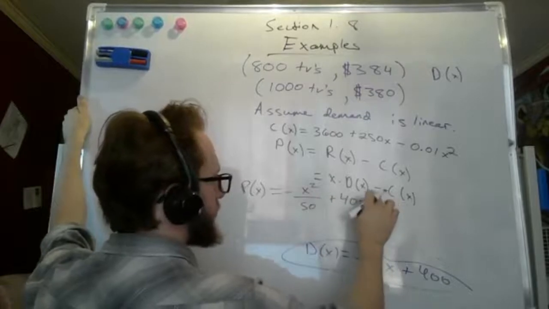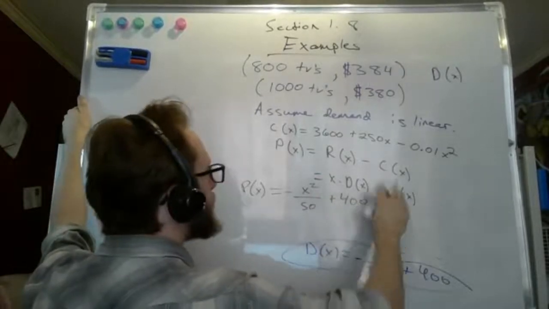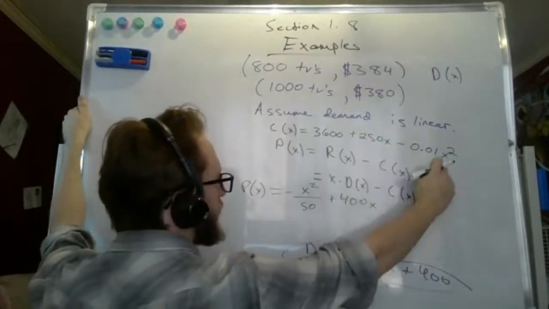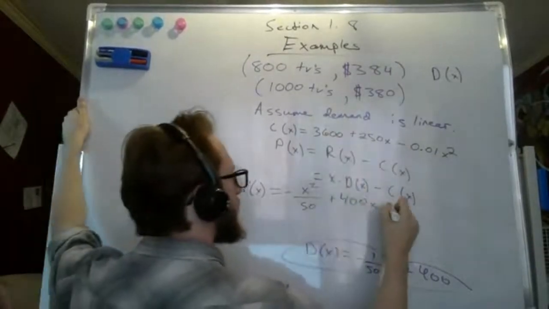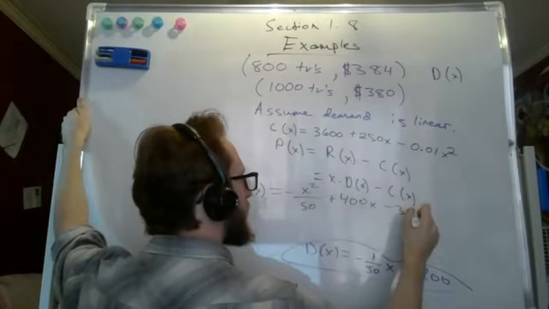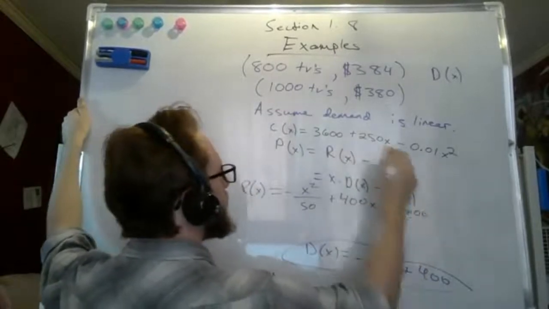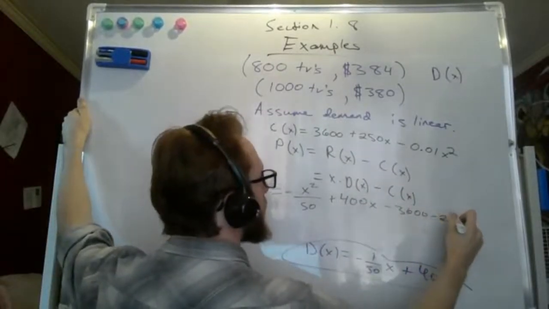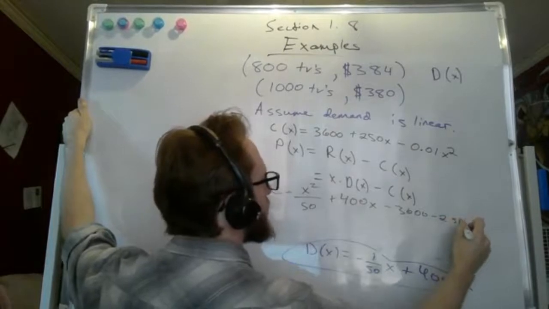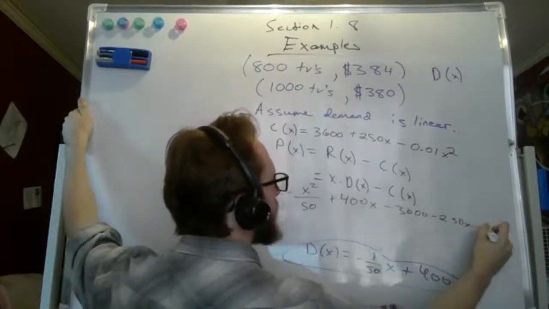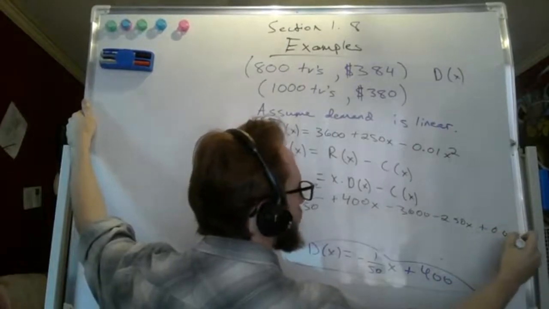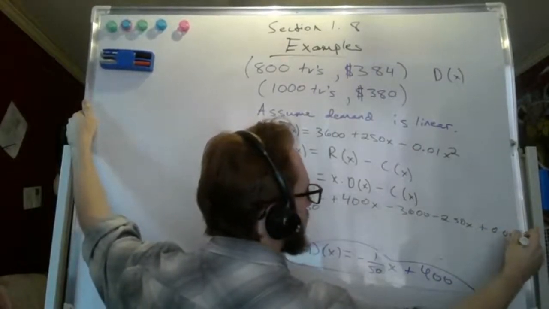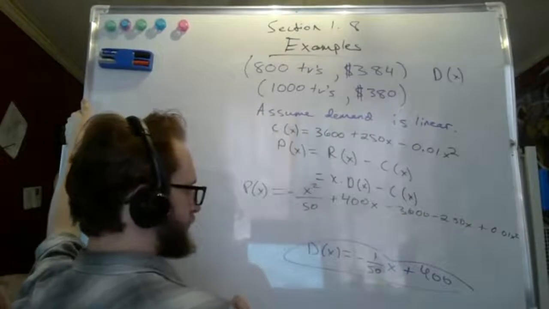Minus the cost. Now remember we have this negative here. Be sure to distribute it when you write out your cost function. So minus cost, so that's minus 3,600 minus 250x plus, because of the double negative, 0.01x squared.